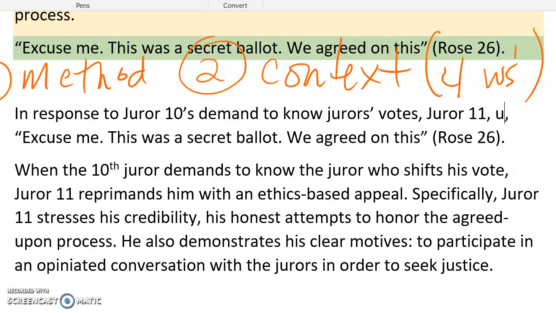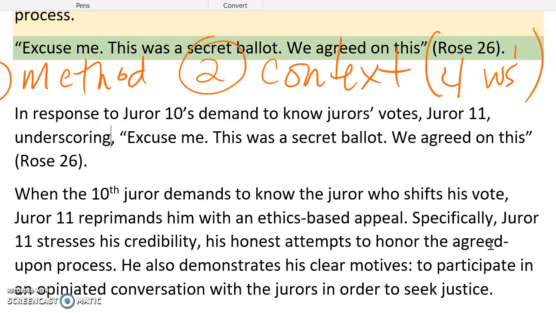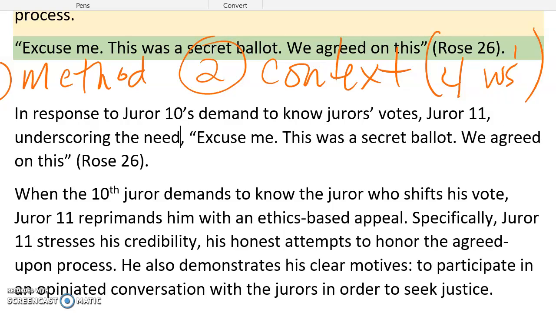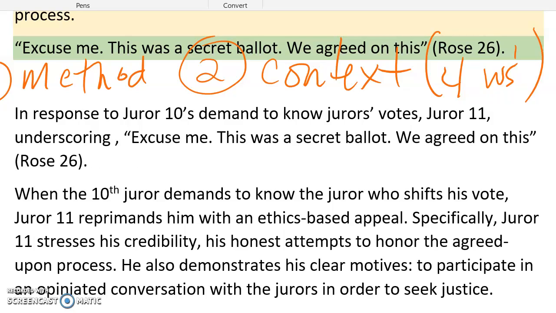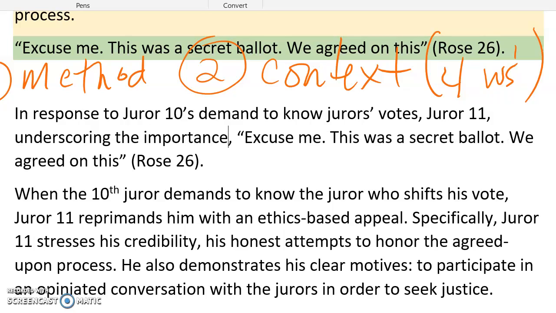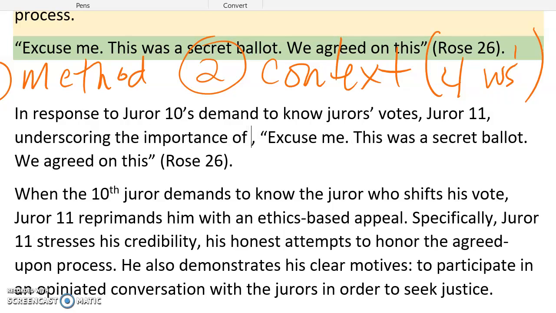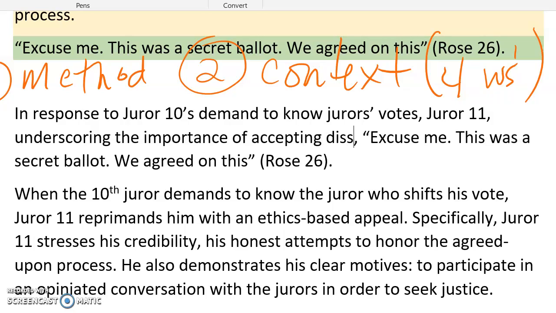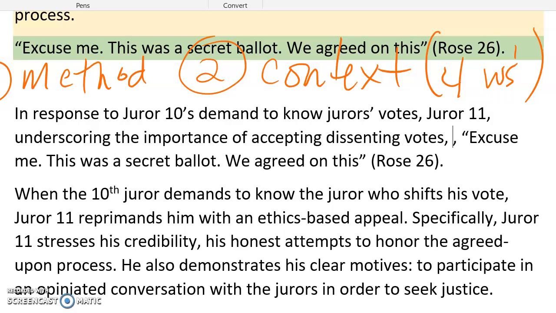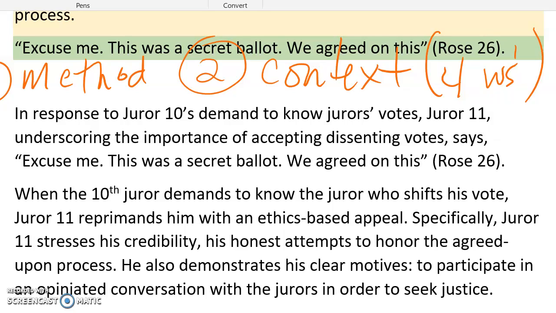I'm going to use a participial phrase here to get that language in. Underscoring the need, that's probably not the right word. Underscoring the importance of accepting dissenting votes, says. All right.